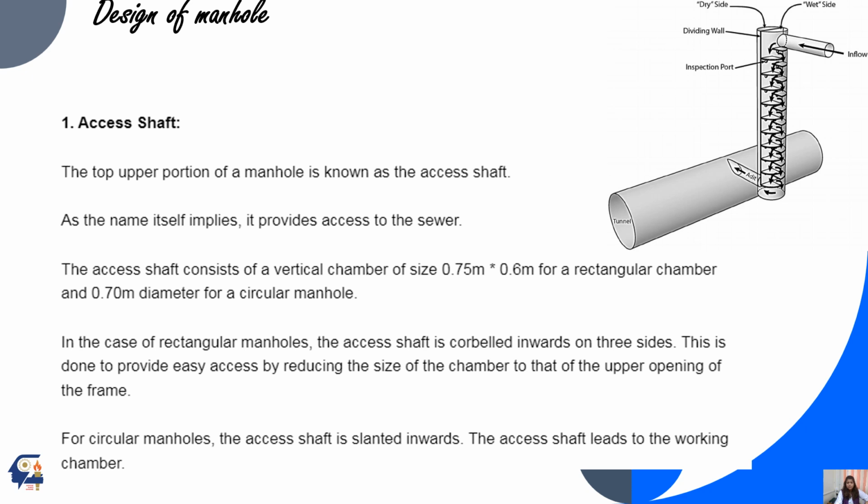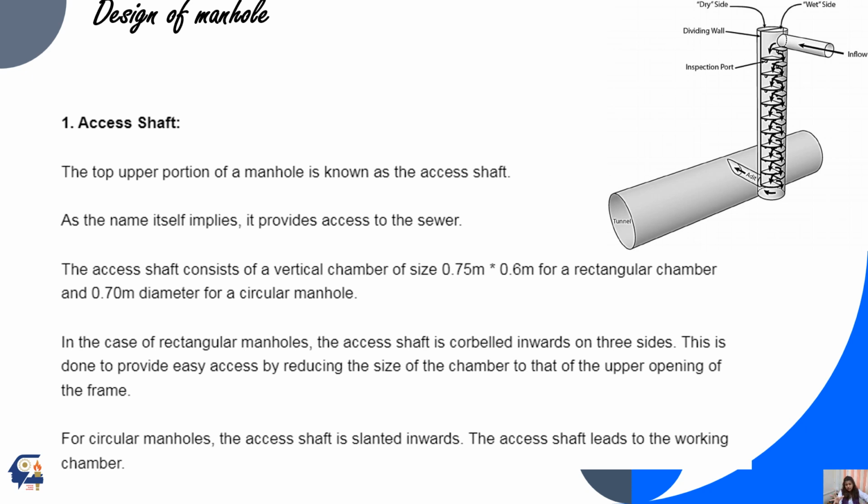For the design of a manhole, first we require an access shaft, which is the top portion of a manhole, and it provides access. It consists of a vertical chamber of 0.5 m by 0.6 m for a rectangular chamber, and the diameter for a circular manhole will be 0.7 meters.